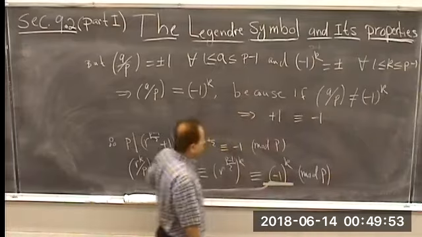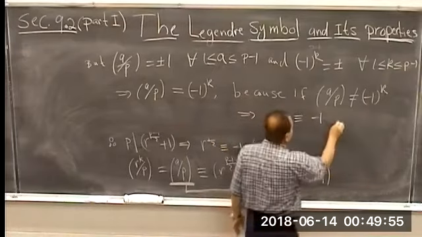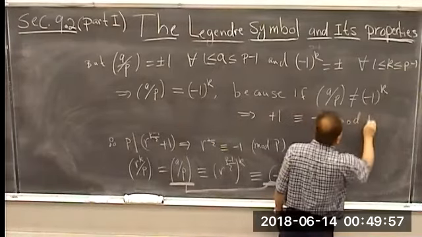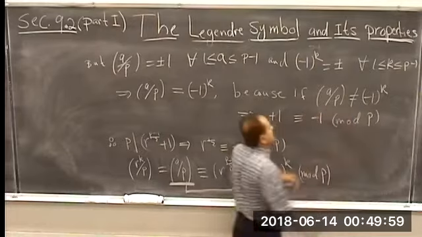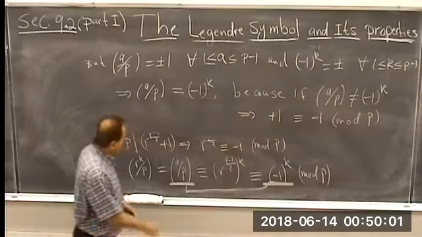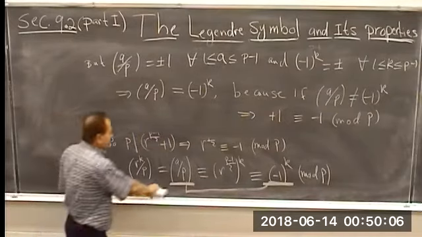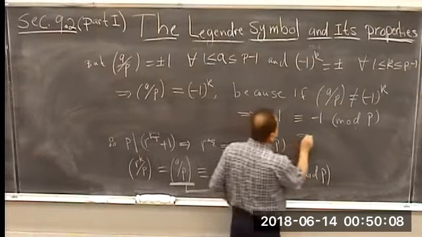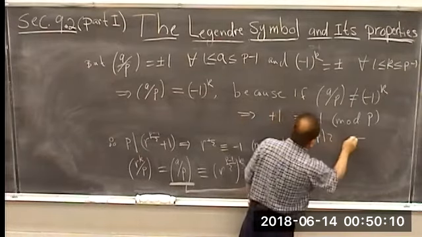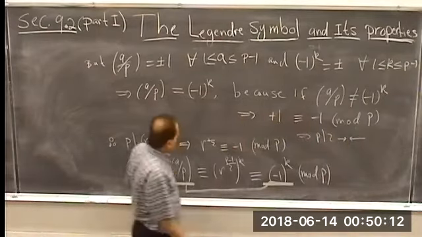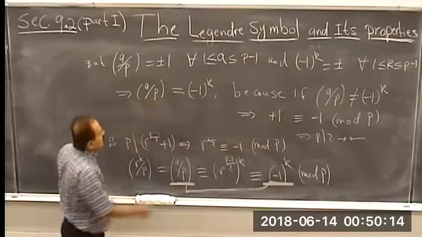We know that they are congruent to each other mod P. So this is the only way they cannot be equal to each other. They give us two different signs, 1 and negative 1. But again, this implies that P divides 2, which is again a contradiction. So in other words, this congruence turns into actually equality.